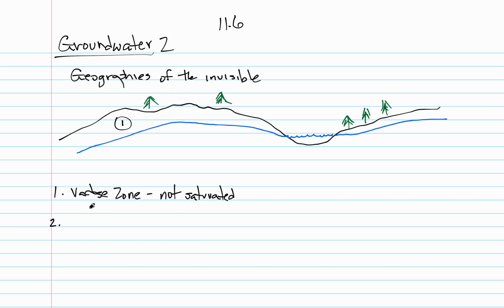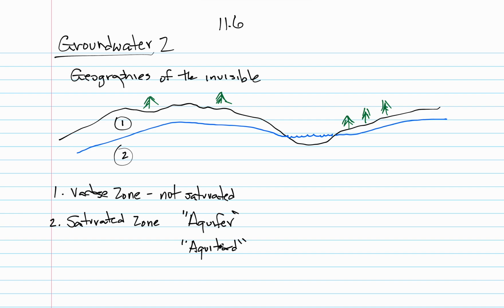Number 2, down here. This is the saturated zone. This is now below the water table. If the porosity and pore space are right in this material, we call this area an aquifer. If the pore space and permeability are bad, they do not allow water to flow, we call it an aquitard.